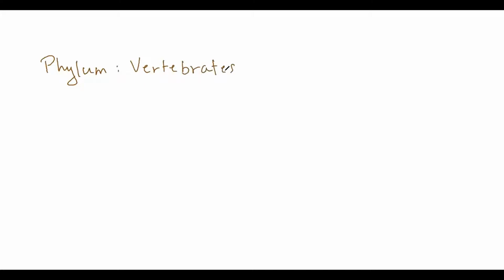So the vertebrates, as you know, are the animals that have a vertebral column, and this vertebral column is formed of a chain of bones, and each bone is called a vertebra. That's why we call it the vertebral column, and the plural is vertebrae.